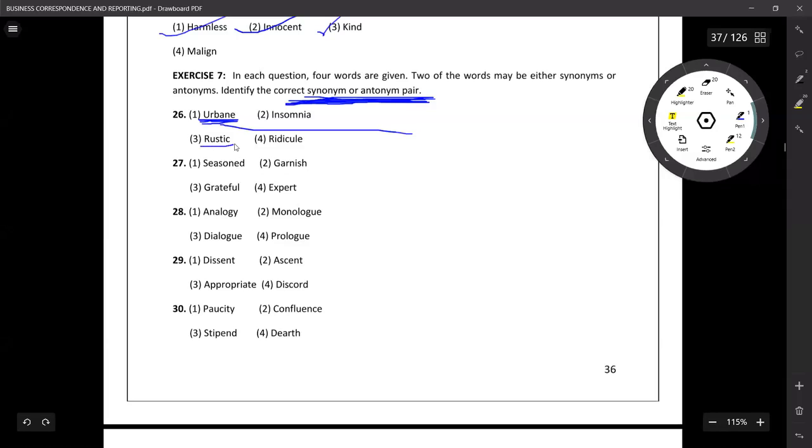On the other hand, if I say he's a very rustic person, what is rustic? Rustic means very raw, very basic, very rural. Correct, Punita. 1 and 3 are opposites.